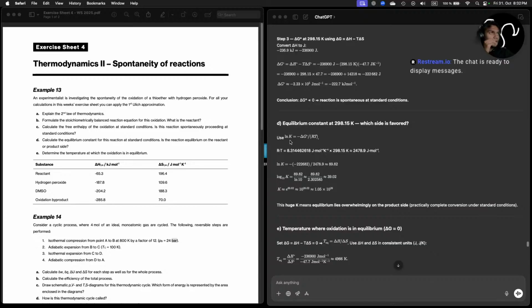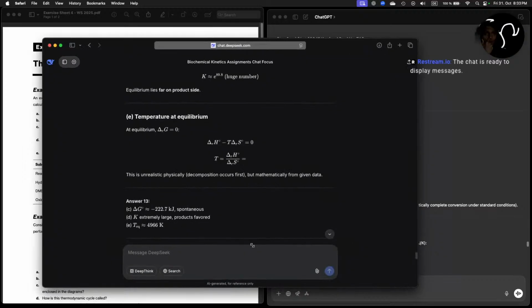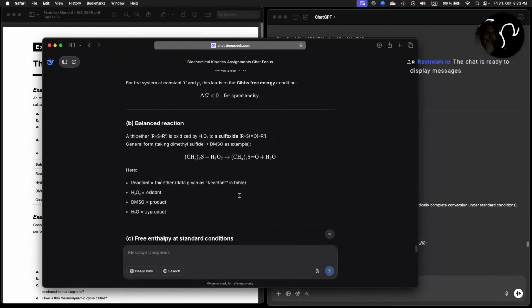Okay. Natural logarithm of K, or natural logarithm of the equilibrium constant, equals. Now, what is the name of this equation? DeepSeek, you got an answer? The name of this equation, do you have it?